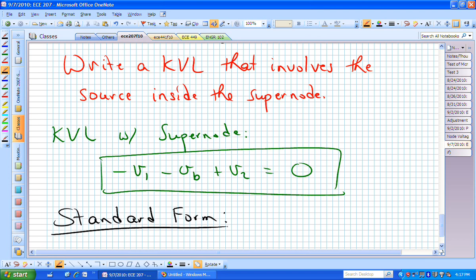We had no way of continuing with our standard technique of asking what the current is through that voltage source. I don't know. So we eliminated that problem by making a bigger node, a supernode. But that voltage source did not go away. It's still in our circuit.